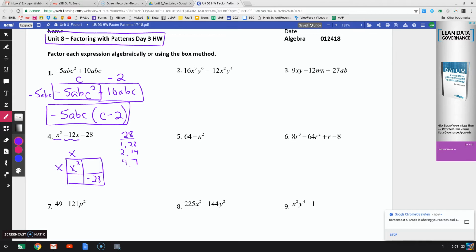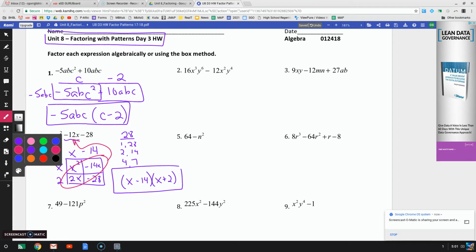Well, if I turn this into a negative 14, that would be a negative 14x. Turn this into a 2, and now I have a 2x. I take a look at these terms here. Do they add to negative 12? They absolutely do. So my answer, my factored form, is x minus 14 times x plus 2. And that is my factored form.